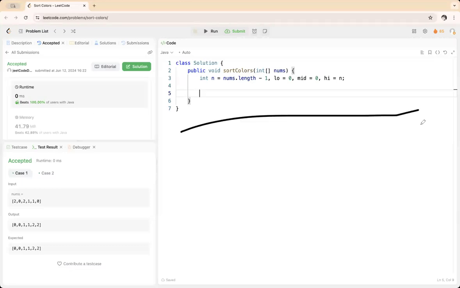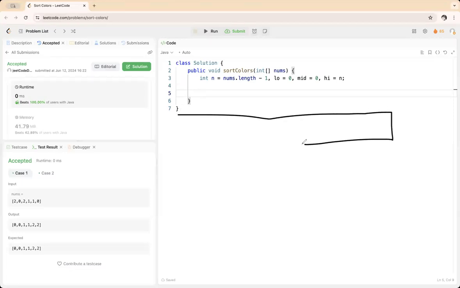In this array, one pointer called mid will be going through all the contents of this array. It will start from here and go till this point. Low will be at this 0, and mid also will be starting from this same place, but high is pointing to this location.